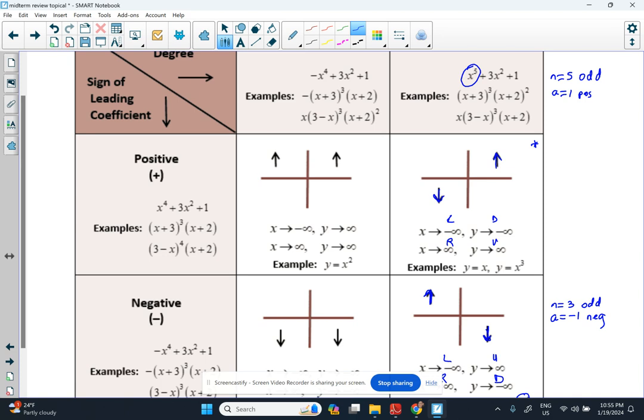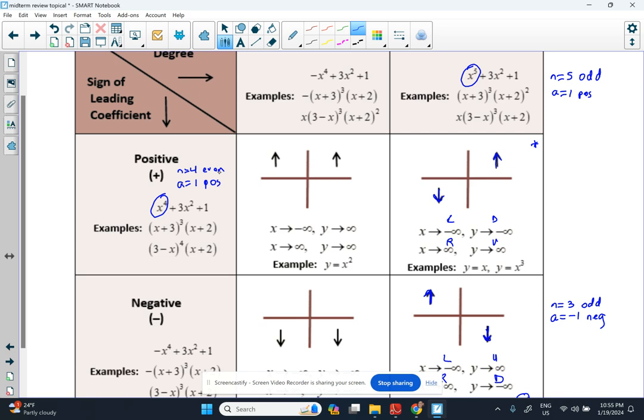Suppose we have something like y is equal to x to the fourth plus 3x squared plus 1. So let's take a look at the term containing the highest exponent, which in this case is x to the fourth. We see n is 4, which is even, and we see a is equal to 1, which is positive.